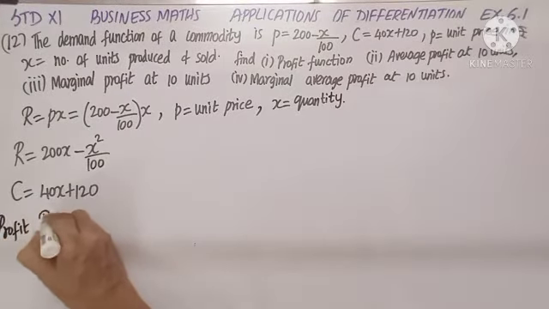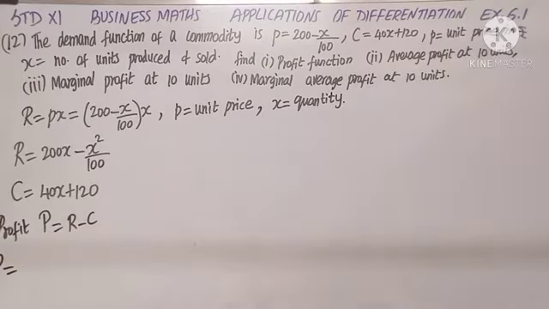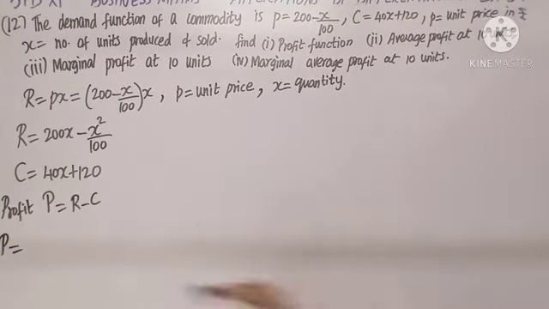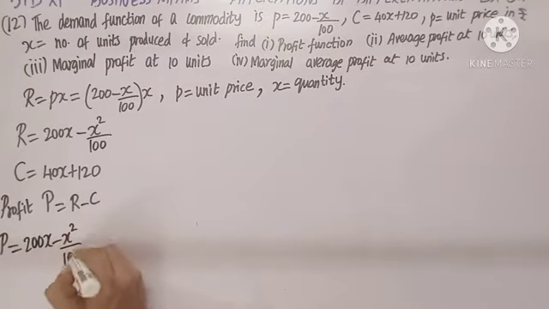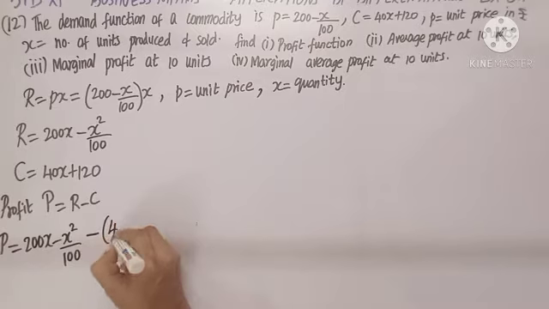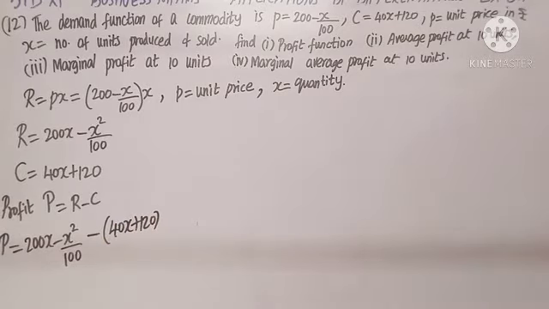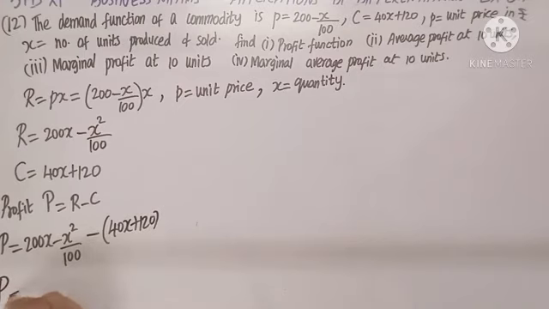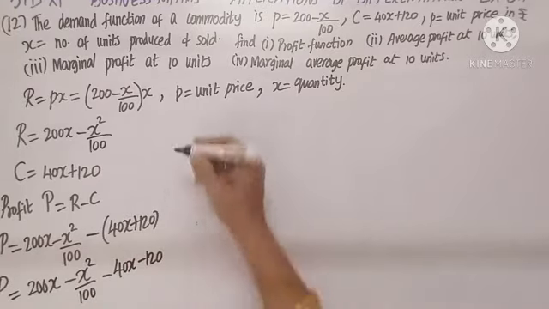Profit, we denote capital P, that is R minus C. R is 200x minus x square by 100, minus 40x plus 120. Or I get profit equals 200x minus x square by 100 minus 40x minus 120.